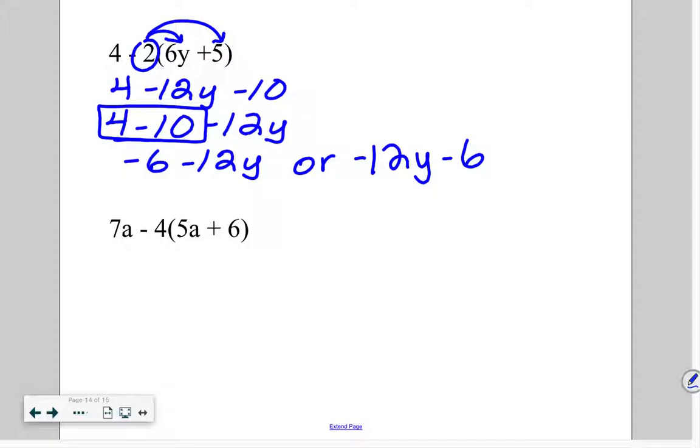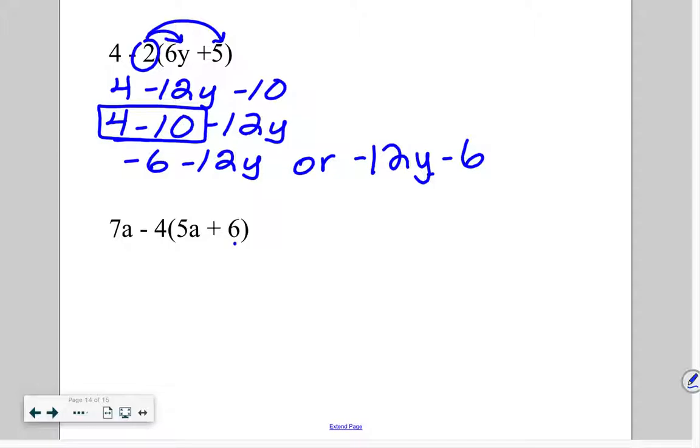Someone said something, I didn't hear what you said. Variable first? The one with the variable oftentimes goes first. In chapter 6, we're going to call this a linear equation. So the one with the variable usually goes first. It doesn't have to, but in the answer key, you'll oftentimes see it that way.